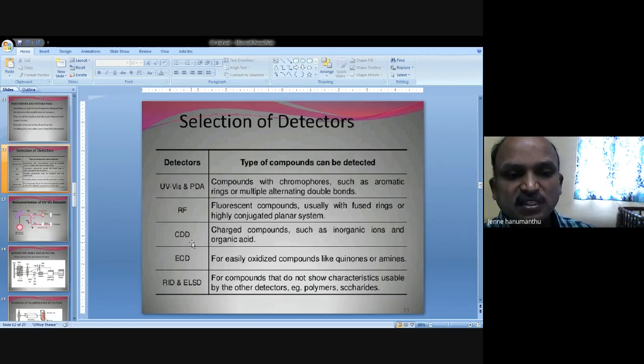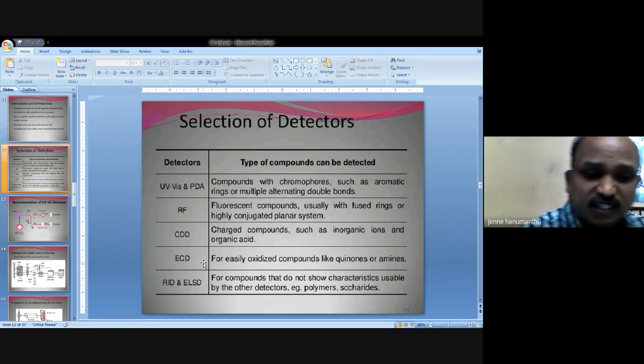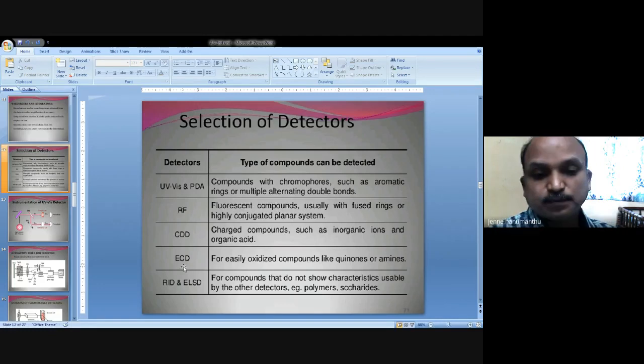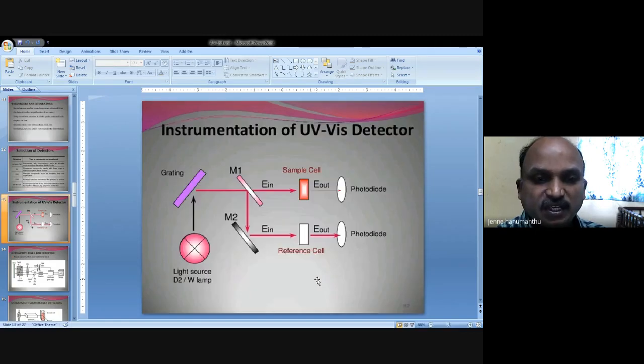And with the conductivity detector, charged compounds such as inorganic ions and organic acids can be detected. If we use an electrochemical detector, easily oxidized components like quinones or amines can be detected. RID and ELSD detect compounds that do not show characteristics usable by other detectors, for example polymers and saturates, right? These can be detected.